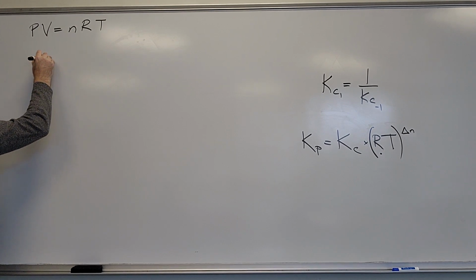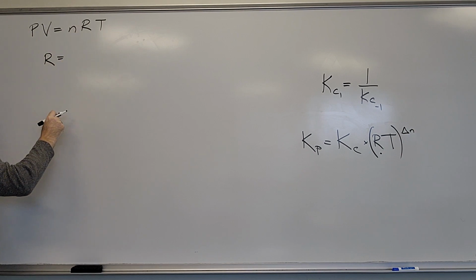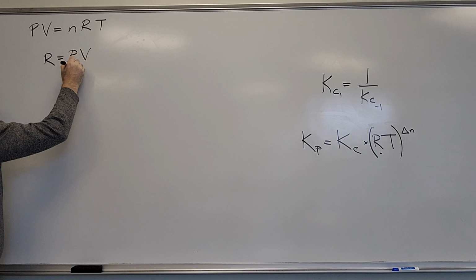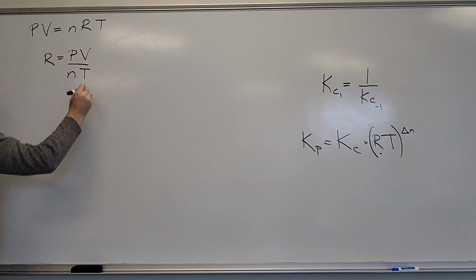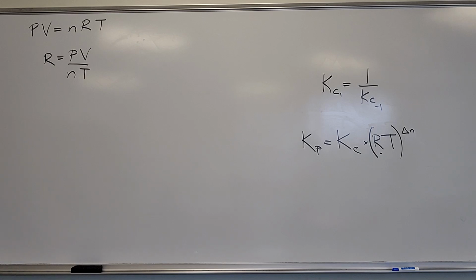All right, let's isolate R. If PV equals nRT, then R is PV over nT. This is the way that they should write the equation in the textbook.